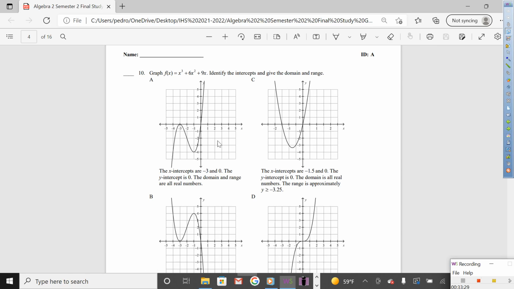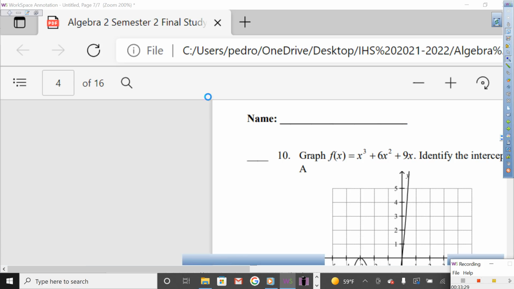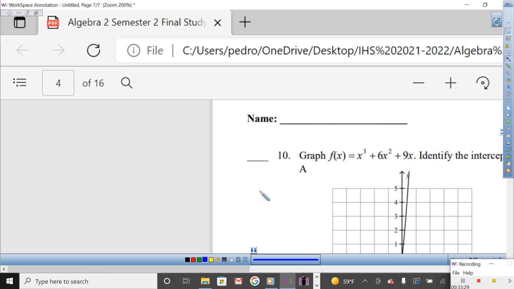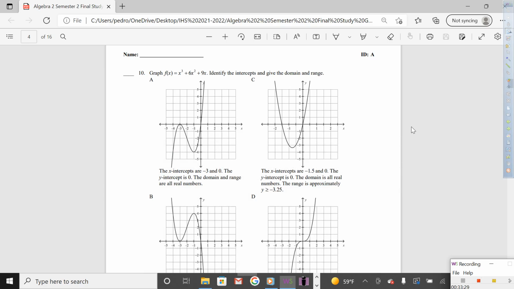A. So do we really need to focus on anything else? No, there it is. So answer A. For this one, the only thing that you're going to have to show is the work to find the roots so that you are sure which one is the graph. All right? Move on. Let's go to number 11.